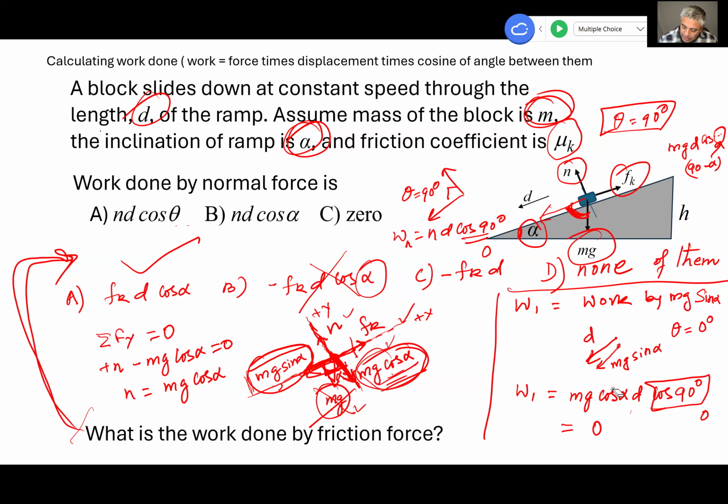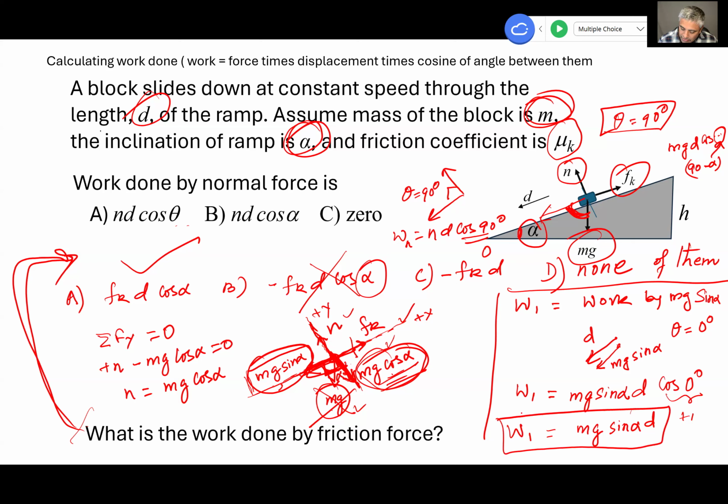Because of that, this equation becomes mg sine alpha, the force, times displacement, times the cosine of the angle between them, which is positive 1. That gives me positive mg sine alpha times d. So that is the work done, and that is the same as the work done by gravity as well.